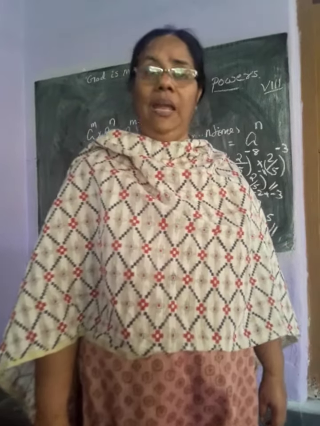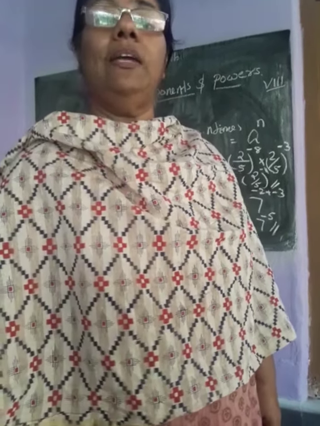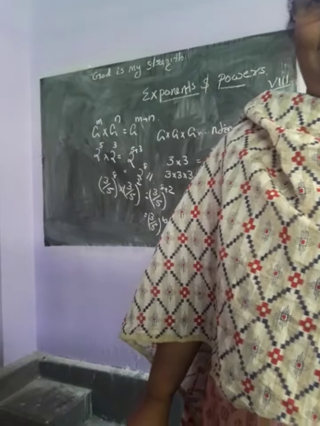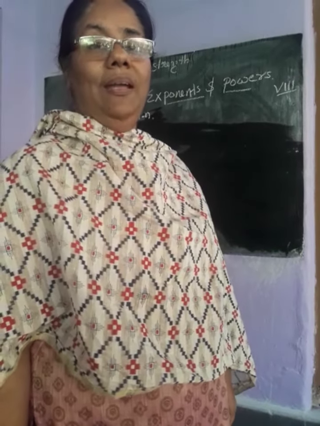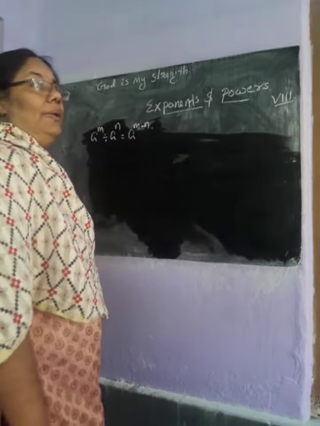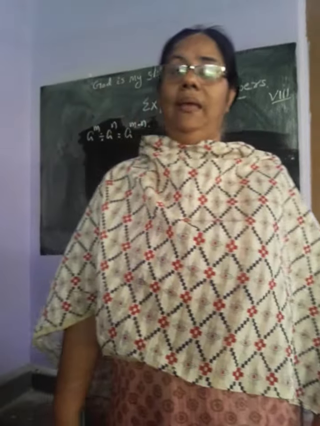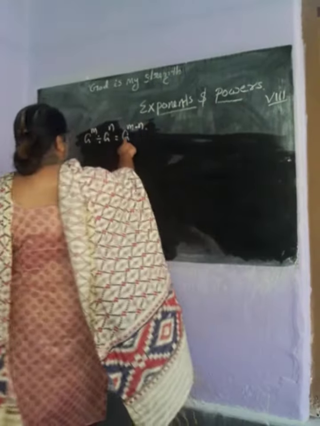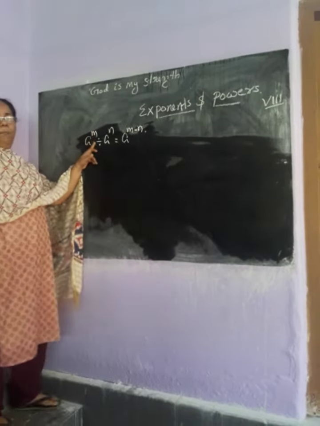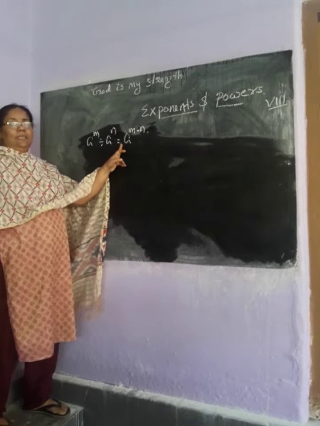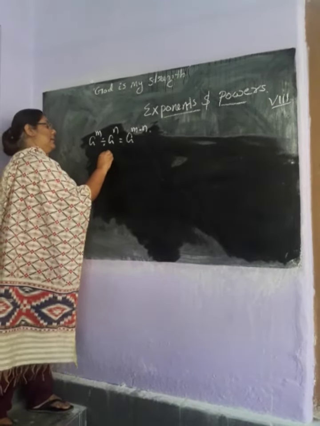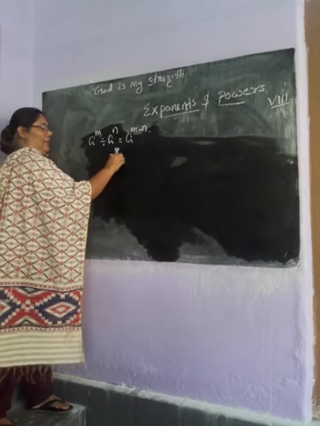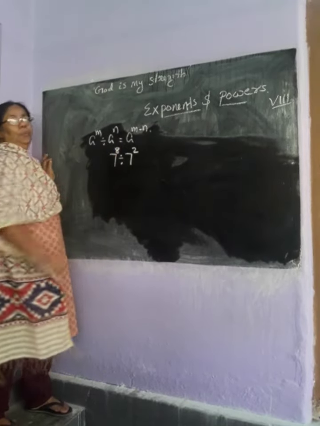That's the first property: A raised to m into A raised to n is A raised to m plus n. This is the second property: A raised to m by A raised to n is A raised to m minus n. Example, 7 raised to 8 divided by 7 raised to 2.